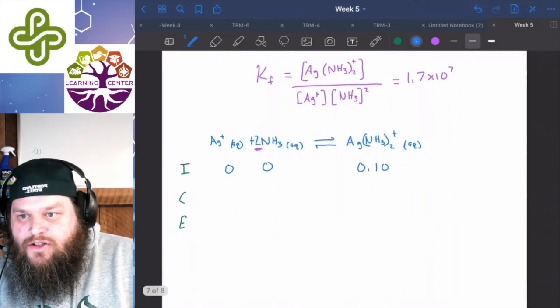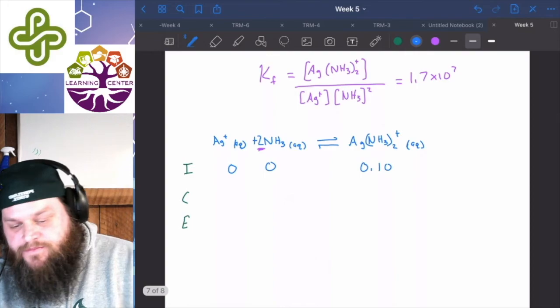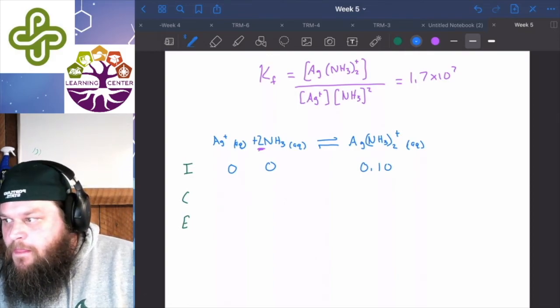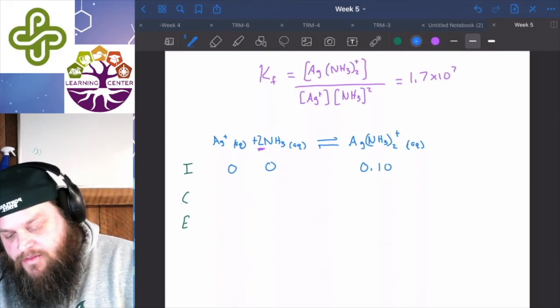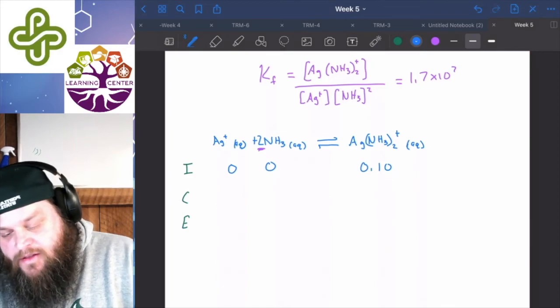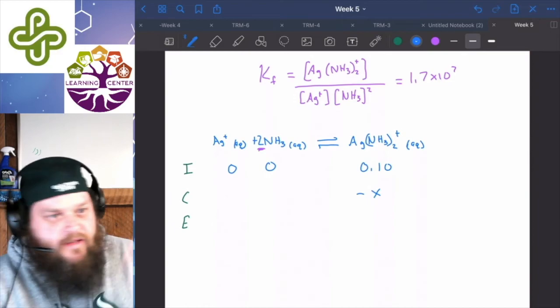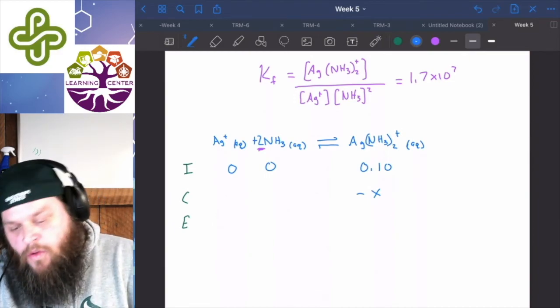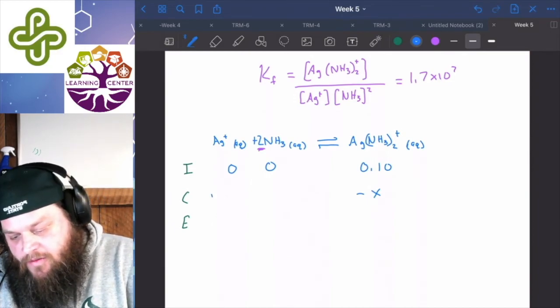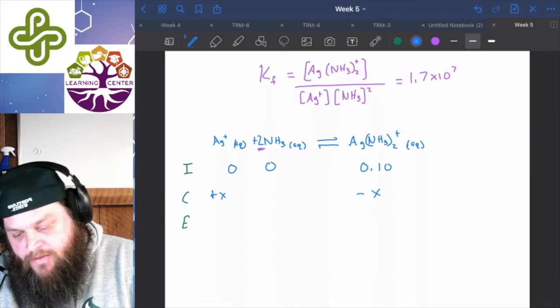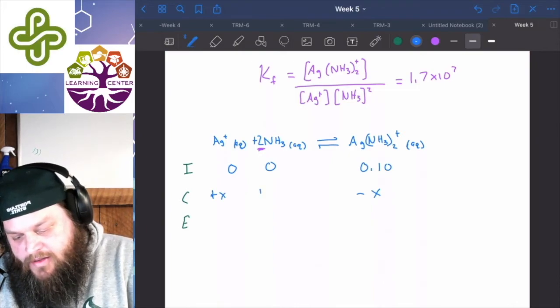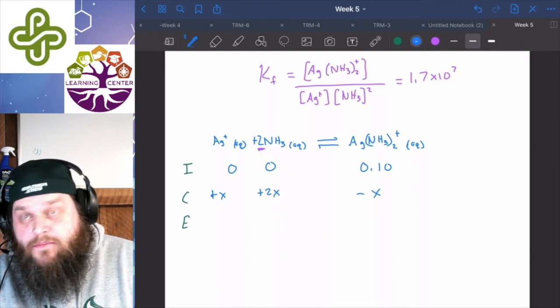And we look at the change in these. The complex is going to reduce by some value, while the silver is going to go up by that same value, and the ammonia is going to go up by twice that value.